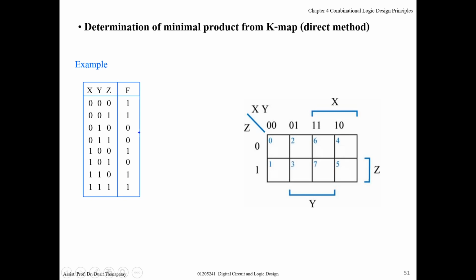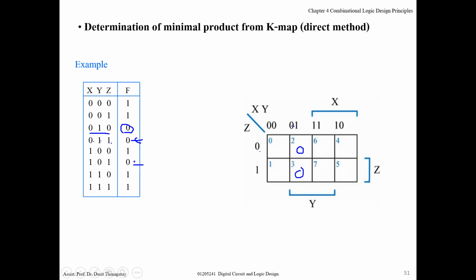Yes, 0. So from this 0, the corresponding input is 0, 1, 0, right? 0, 1, 0, x, y, z. This 0, 0, 1, 1, x is 0, 1, 1.